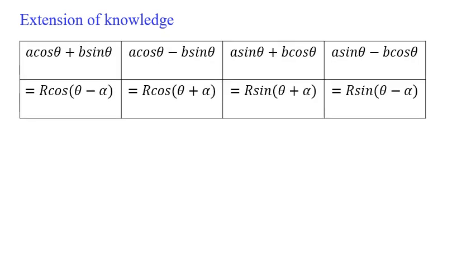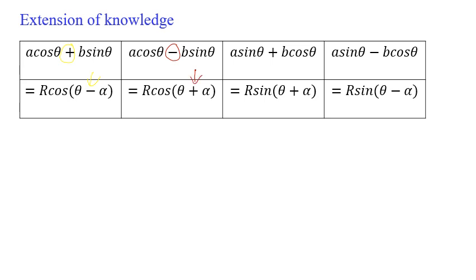Yes, so if you look at the table, if you're given a cos theta plus b sin theta, then basically the R formula will just be R cosine bracket theta minus alpha. All right, so look at what happens. If this is a plus, then this guy is a negative. If this is a negative, then this is a plus.